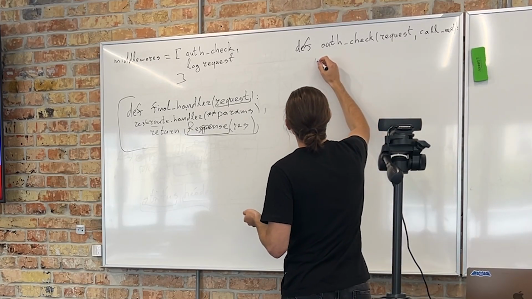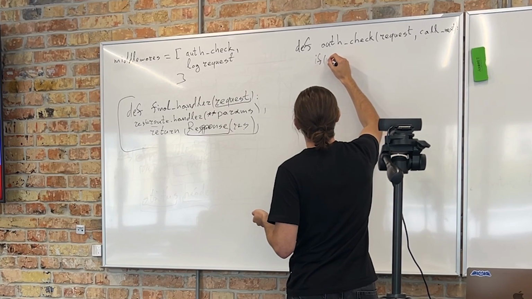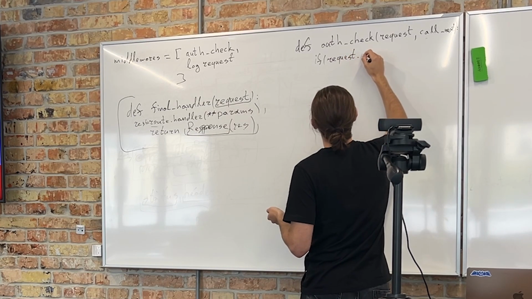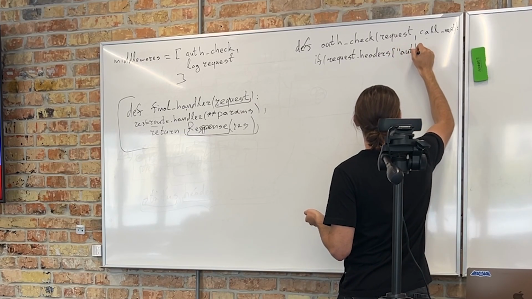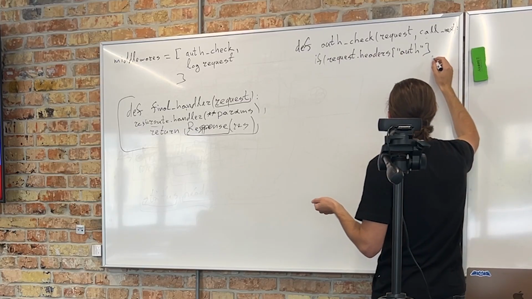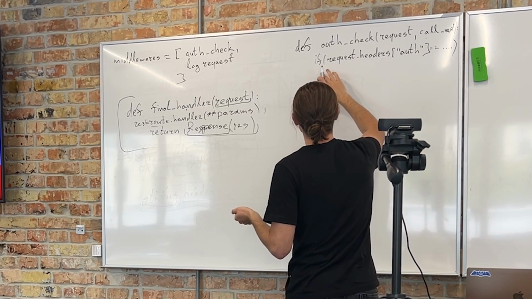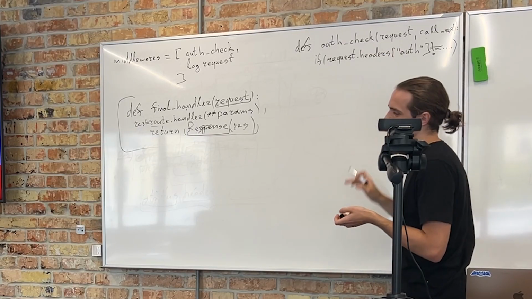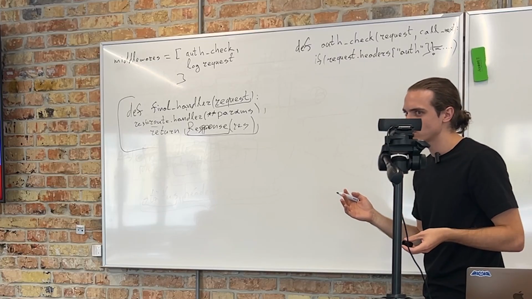For example, if the request headers, for example some auth header, but it will have another name, is not equal to something, it means that our user doesn't have permission to communicate with our website.